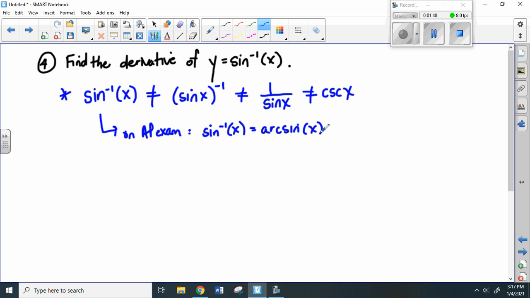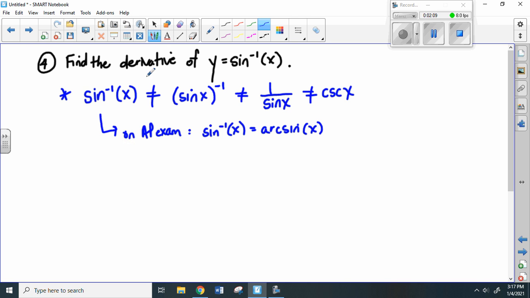And they would do that for any other inverse trig function as well. They would put that arc in front of it. So if you ever see that, that is their notation for the inverse, and they're using that so that you don't get the whole idea of a -1 exponent confused.